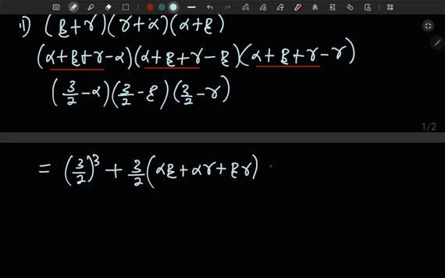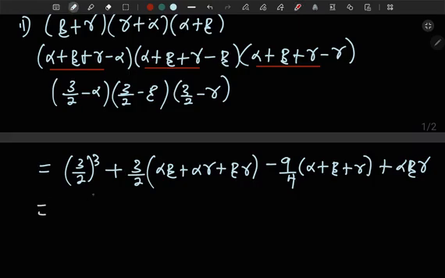And again, we're going to have minus 9 over 4 times the sum of the roots, alpha plus beta plus gamma. And the last one, we're going to have minus alpha beta gamma. So just take your time to expand this. I'm very sure that you are going to get something like that.